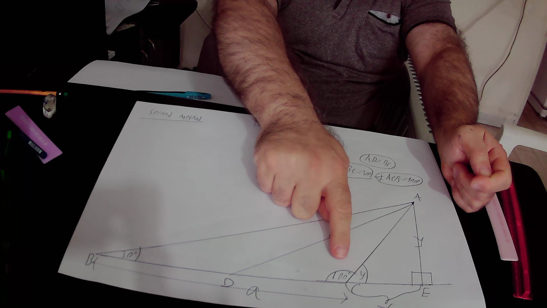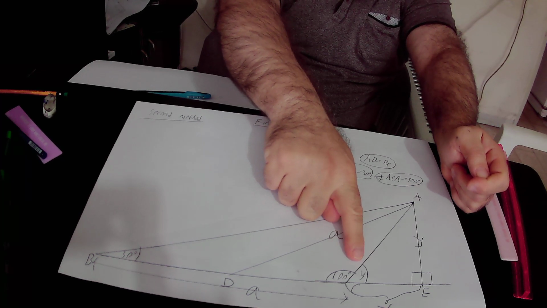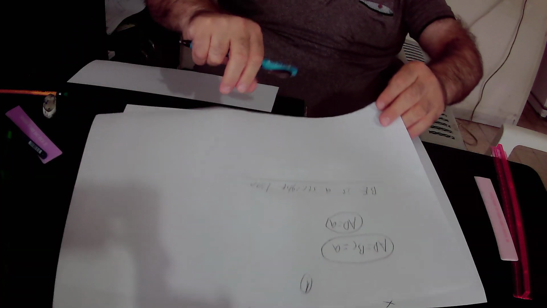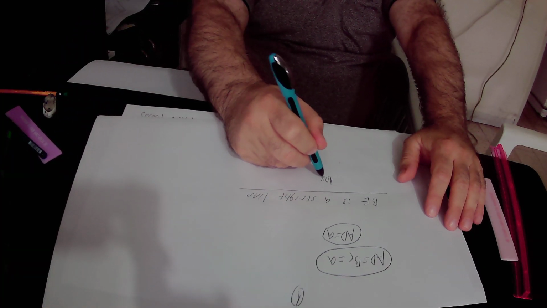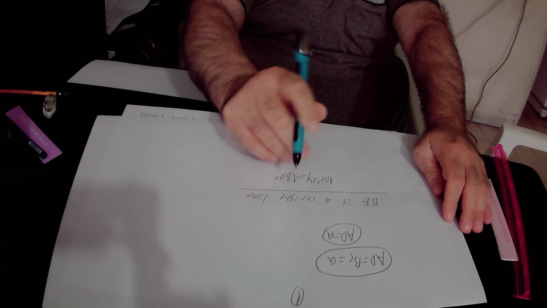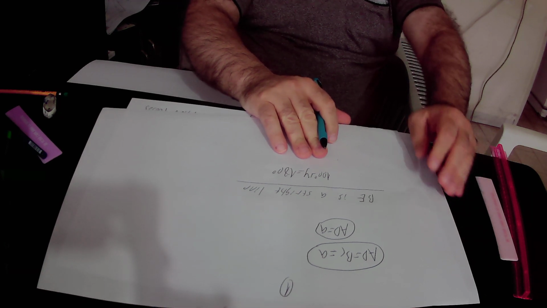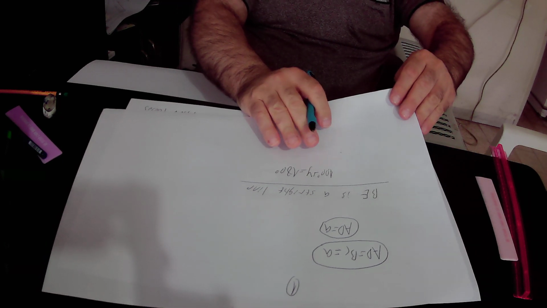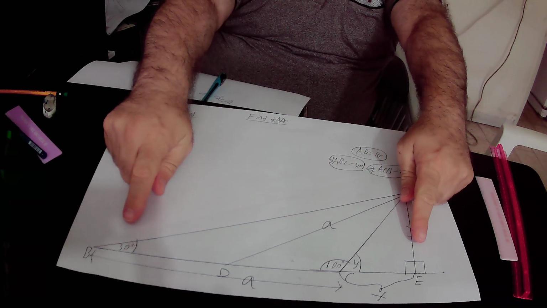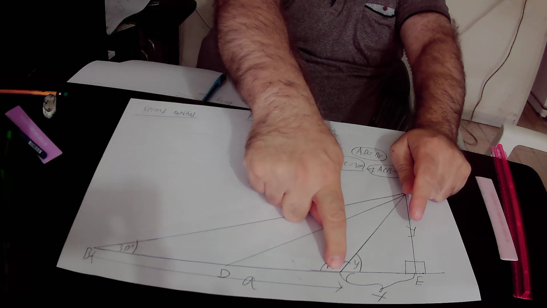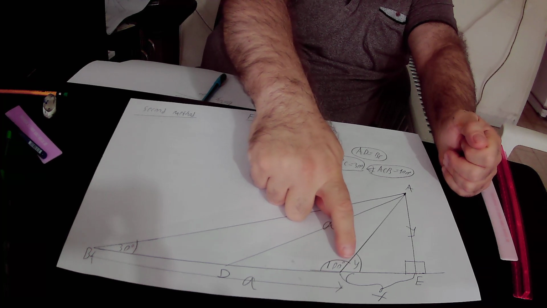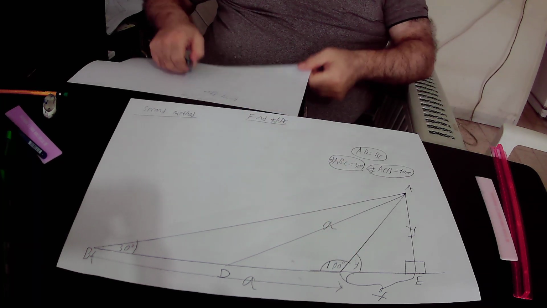That is to say, 100 degrees plus angle Y must be equal to 180 degrees, according to the rule that the sum of the angles on one side of a straight line must be equal to 180 degrees.